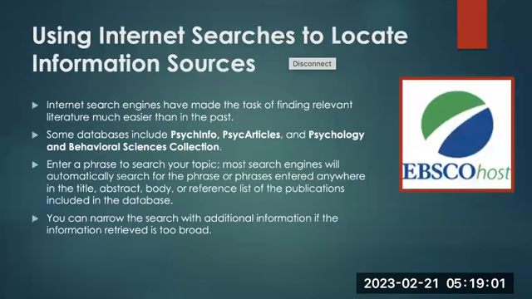Using internet searches to locate information is another option, especially when you're using peer-reviewed articles that are based on sound research and have been reviewed in order to be published in reputable journals. You can use search engines to find relevant literature, and some of the databases that you can use include PsycINFO, PsycARTICLES, and Psychology and Behavioral Sciences Collection.